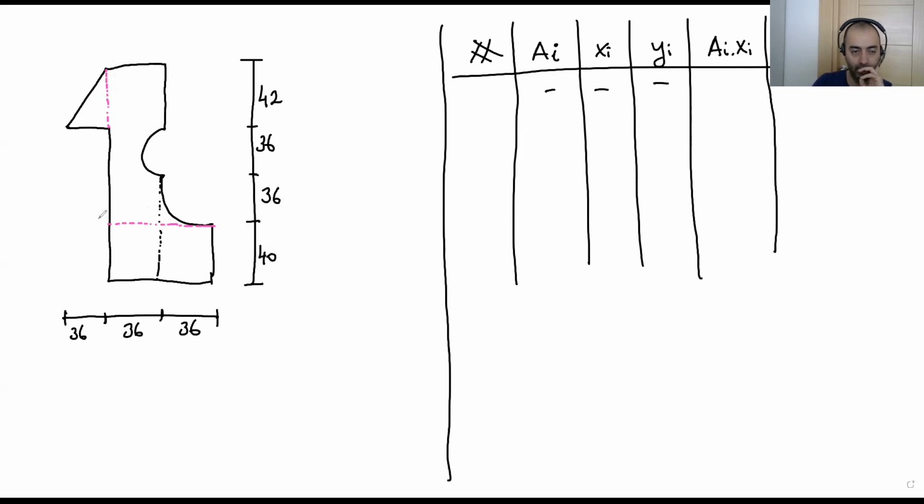Okay, pink break lines. I can accept this total area as a rectangle, totally, but I have a void here, that's okay. And this part, I have a square. This part is again a void.